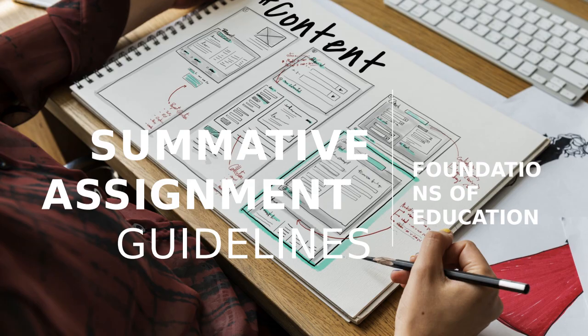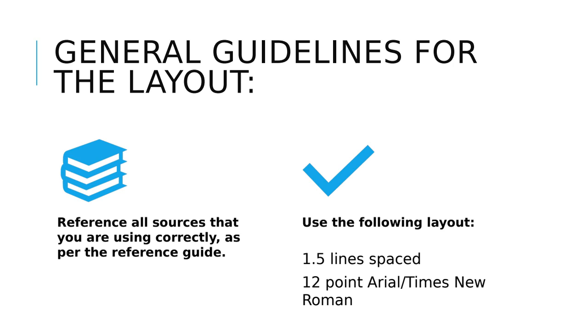So let's go and have a look at what exactly it says. So please take note, as before, you do need to reference all the sources that you use correctly. And please make sure that you make use of at least 2 to 3 sources per question.